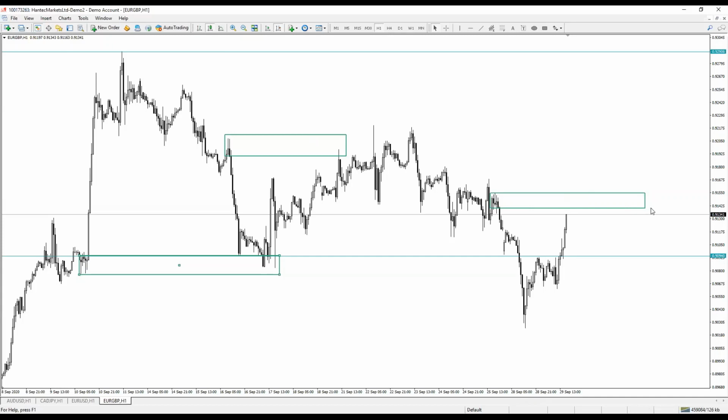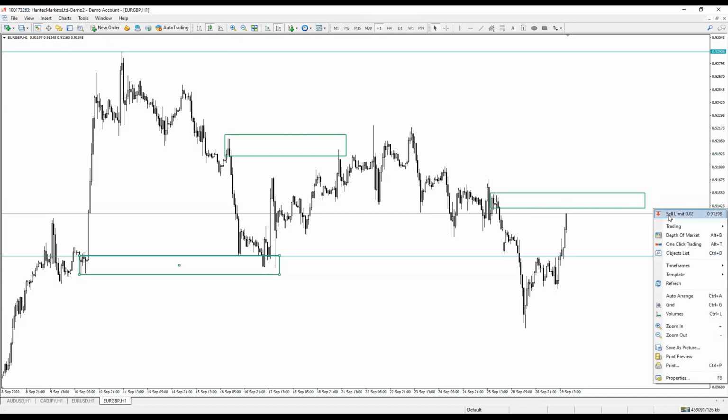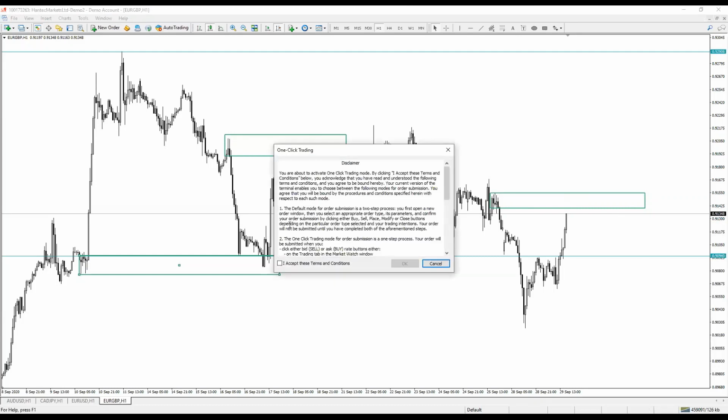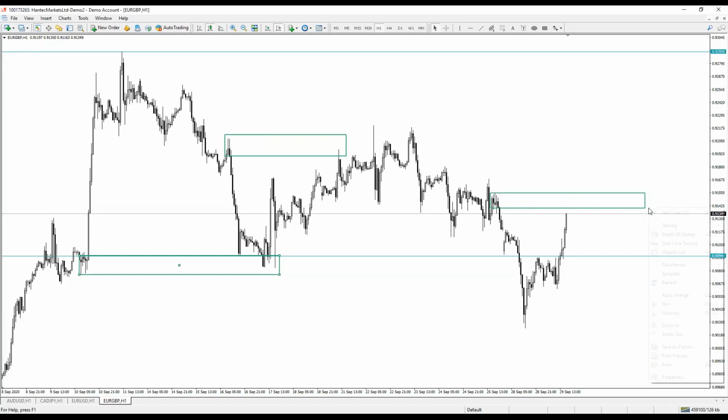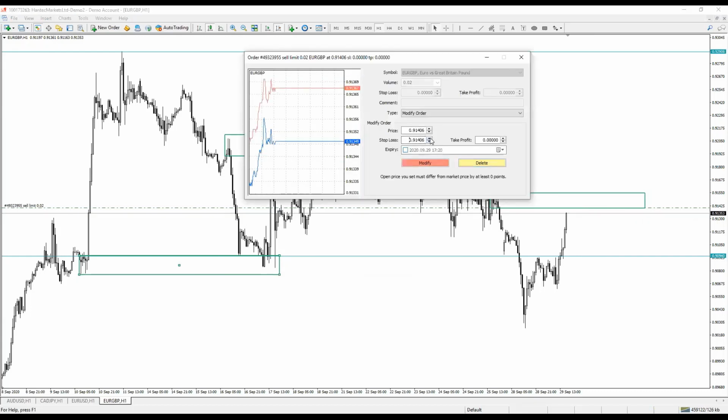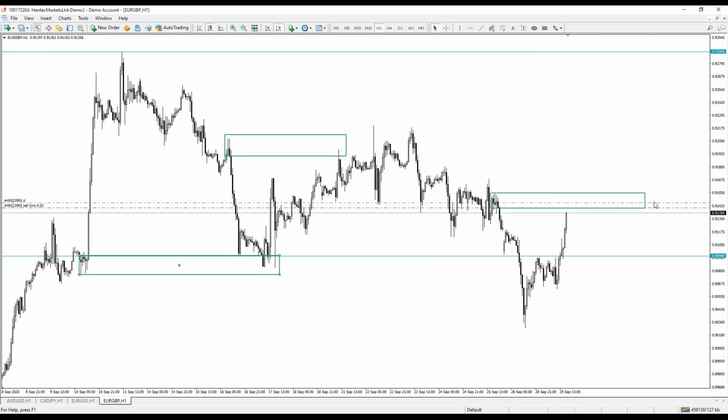If we were about to sell, we would create a limit order right on the decision point level, and our stop loss will drag and drop. Our stop loss will be just above the swing high of that zone, okay?